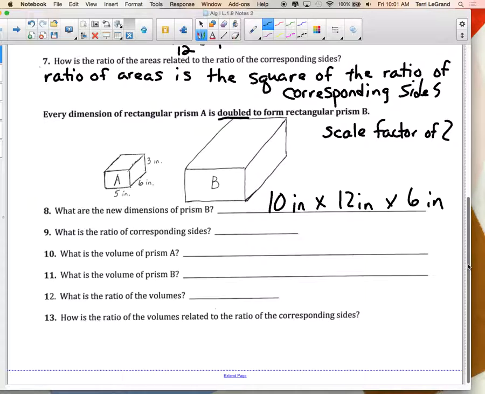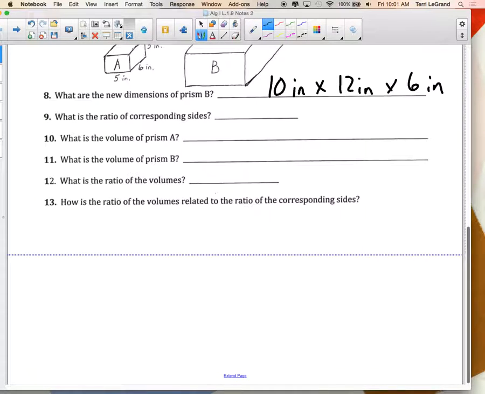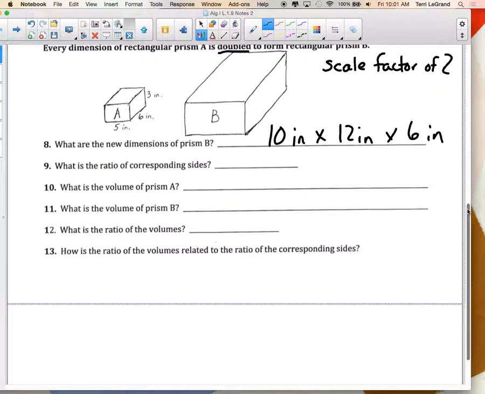Well then, let's set up some ratios of corresponding sides. So the new side, 10 inch, corresponds with which side? The 5 inch, okay. So 10 over 5. What's that equal? 2. The next side, 12 over 6, equals 2.